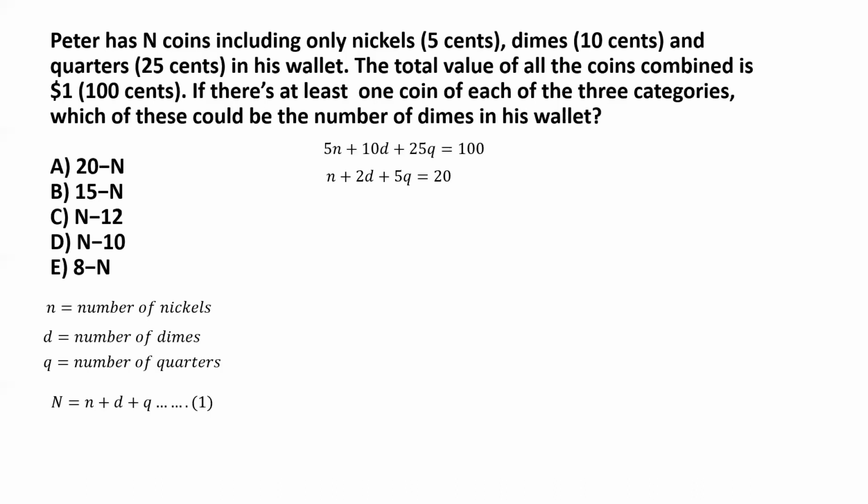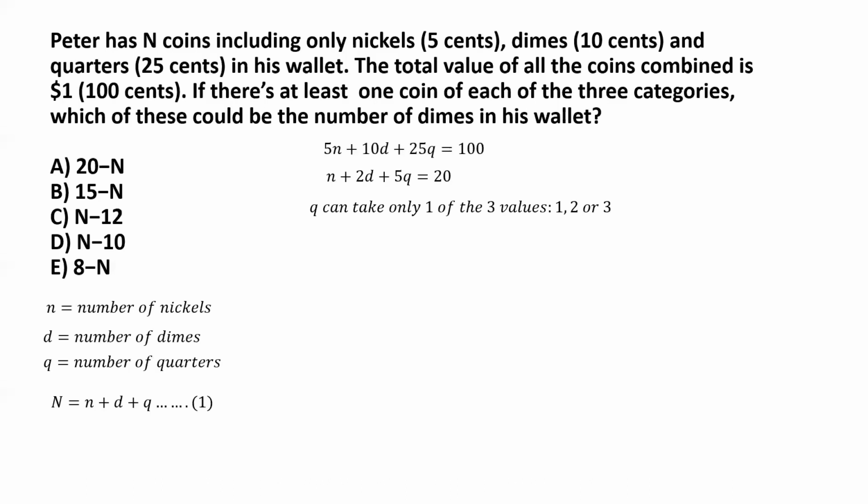Now from this equation, we know that n, d, and q, these being the number of coins of each category, must be whole numbers. They're positive integers. Another thing we note is that q can take only one of these 3 values: 1, 2, or 3.